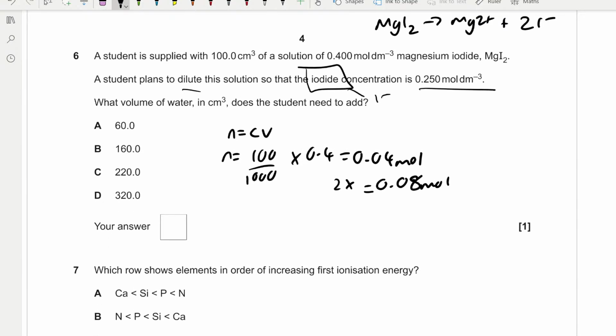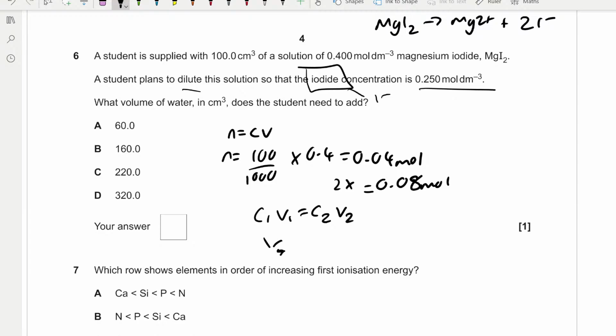So we use the equation C1V1 equals C2V2. So concentration 1 times volume 1 equals concentration 2 times volume 2. So we want to work out our second volume.